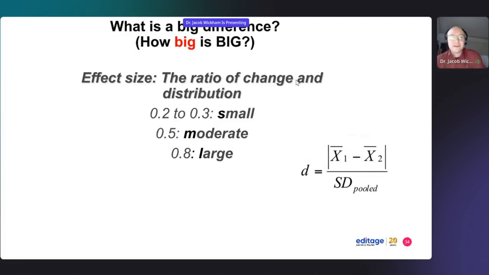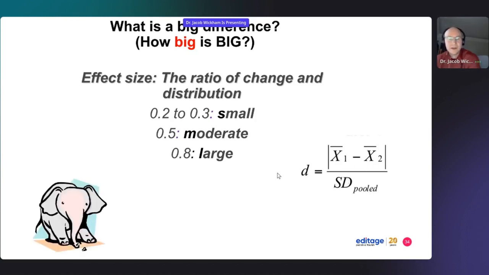Effect size is another parameter of your data that you can discuss in a paper. This is the ratio of change in distribution, and this is calculated looking at the differences between the means over the pooled standard deviation. So a large effect size, there's your elephant, is 0.8.